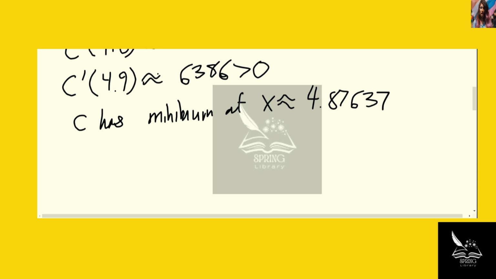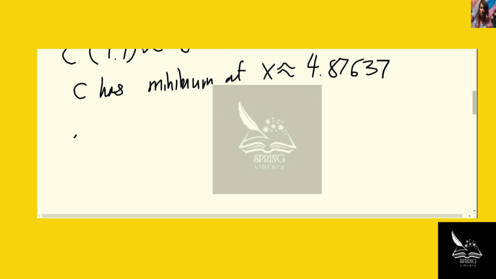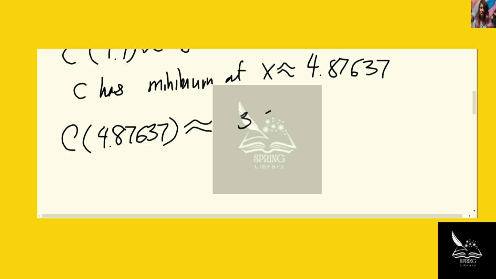And therefore, the minimum cost is c at about 4.87637. Once again, if you use a calculator and you plug this in, this is approximately 3,826,358.